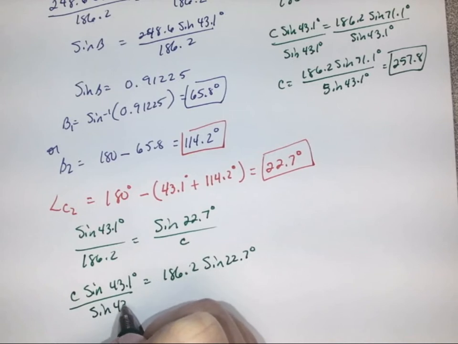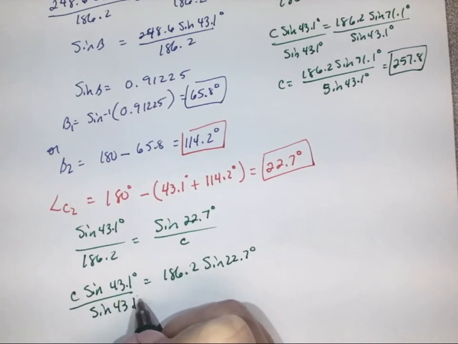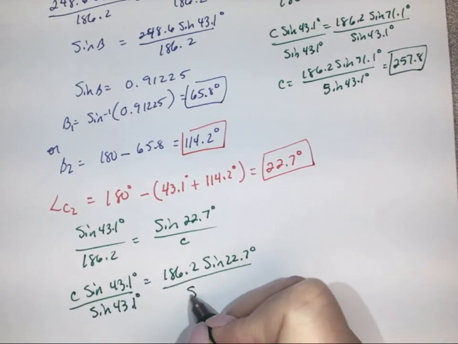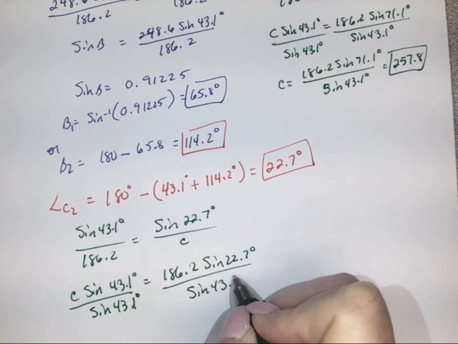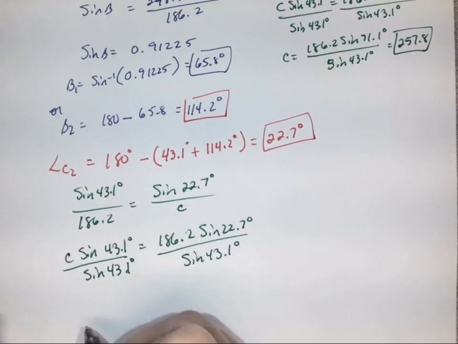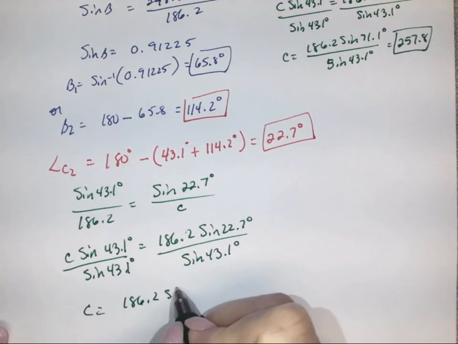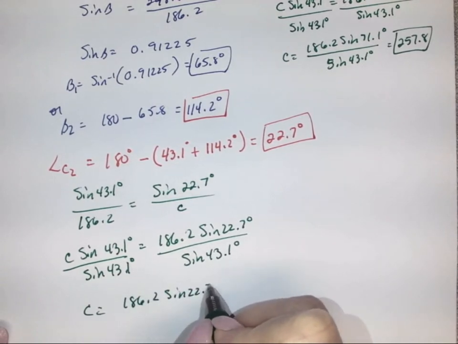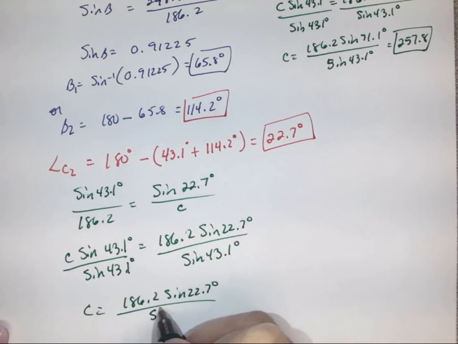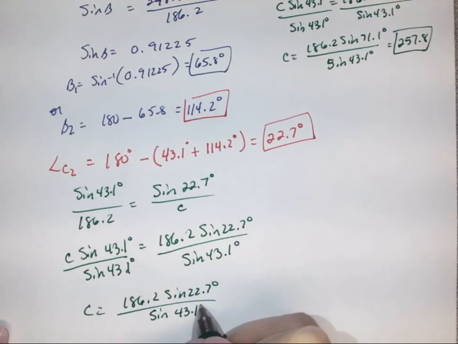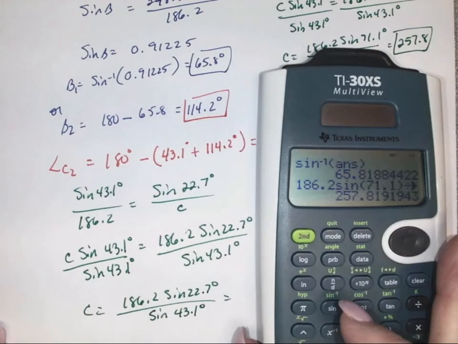Divide both sides by the sine of 43.1 degrees. So our side of C equals 186.2 times the sine of 22.7 divided by the sine of 43.1. And we'll go put that in our calculator.